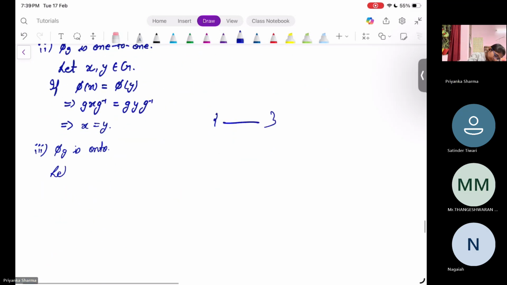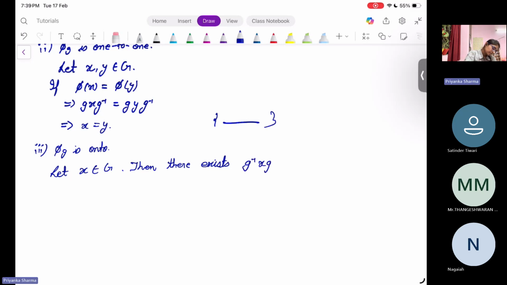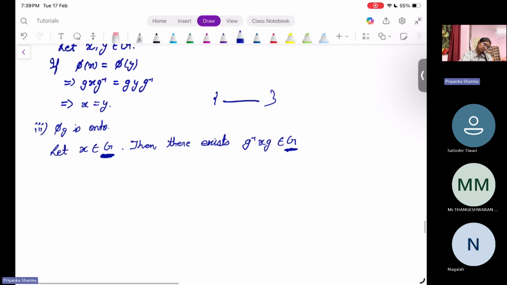Let's say x belongs to G, then there exists g inverse xg belongs to G. Here we are taking a codomain one and here we are taking a domain one actually.